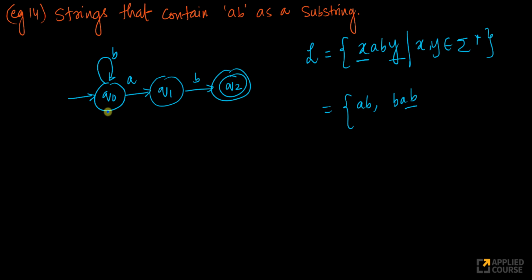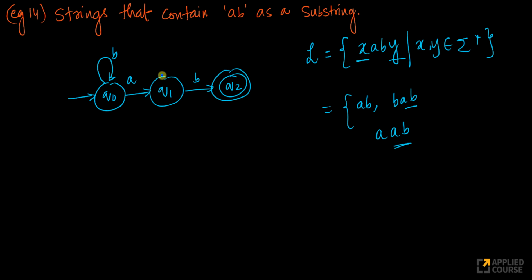So what this state is saying here is I have seen enough number of B's. The moment I see an A, I jump here. Right? Now if I continue seeing A's, so for example, if I have A, B, this should also be accepted because it has AB as substring. So now the moment I see the first A, I jump here.